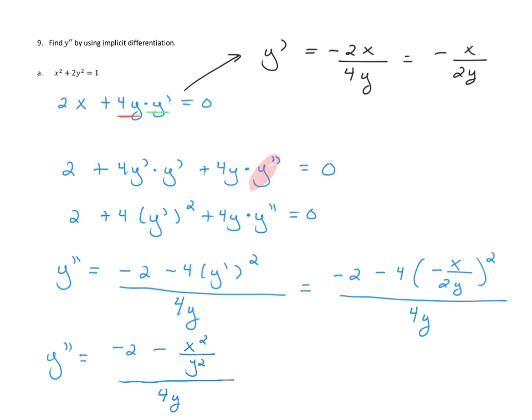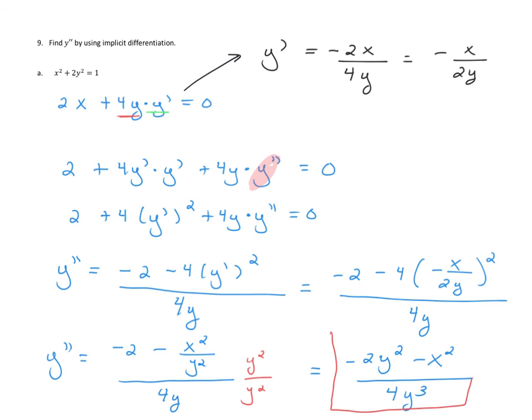We could get rid of the fractions within fractions by multiplying the top and bottom by y squared. And if we do this, let's see, we get negative 2y squared minus x squared all over 4y cubed. And here is an answer for the second derivative, and it only depends on x's and y's.